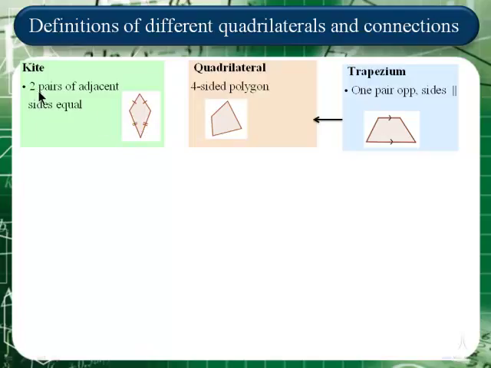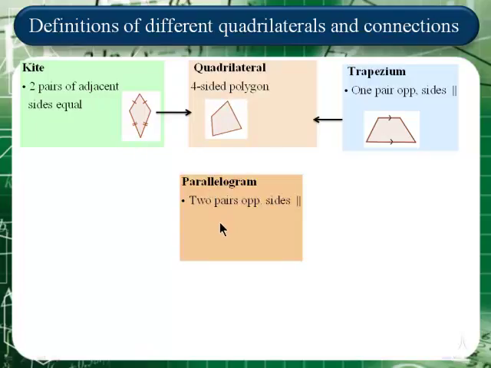But the definition says that 2 pairs of adjacent sides must be equal. So there's the first pair and there is the next pair. But you can see this pair and this one are not necessarily equal. So a kite is definitely a quadrilateral, but a kite is not a trapezium, and a quadrilateral is not always a kite.